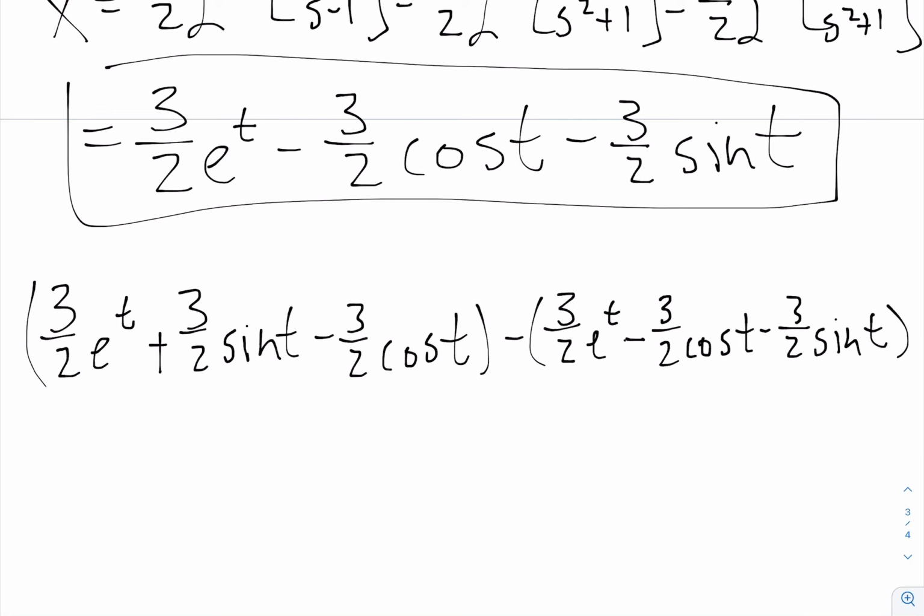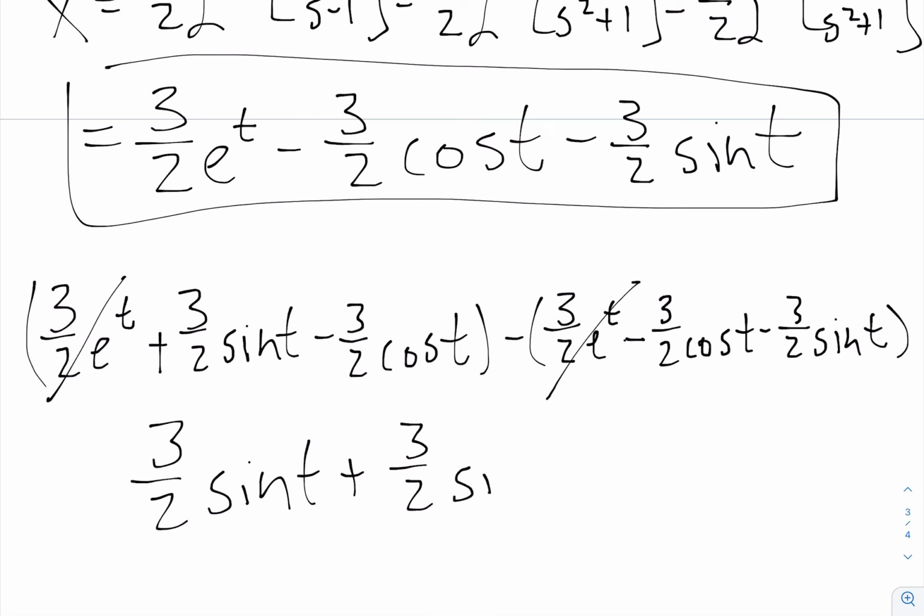Okay, so what we're doing now is we have 3 over 2 e to the t minus 3 over 2 e to the t, so that's going to go away. 3 over 2 sine t minus negative 3 over 2 sine t, so that's going to be adding. So 3 over 2 sine t plus 3 over 2 sine t. And then we have negative 3 over 2 cos t minus negative that, so we're going to get 0 back.